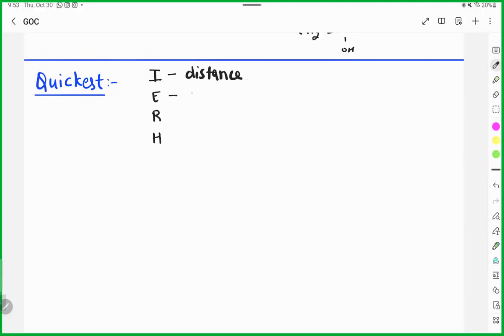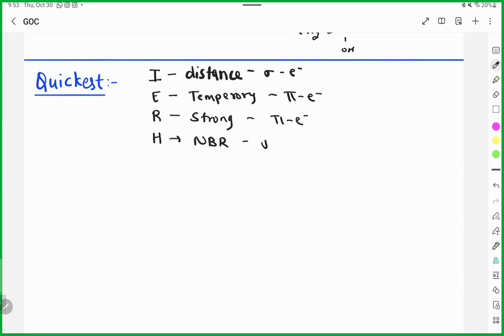The electromeric effect is only a temporary effect where the pi electron will move in the presence of the attacking reagent. Resonance is the strongest effect, and there is a delocalization of the pi electron. Hyperconjugation effect, no bond resonance. There will be sigma electron movement.